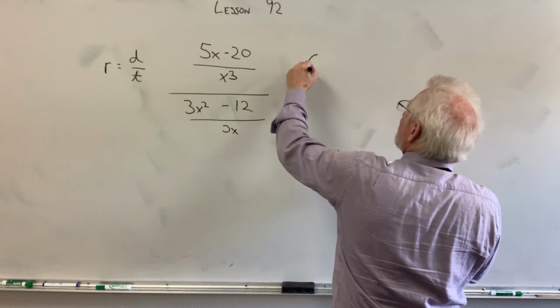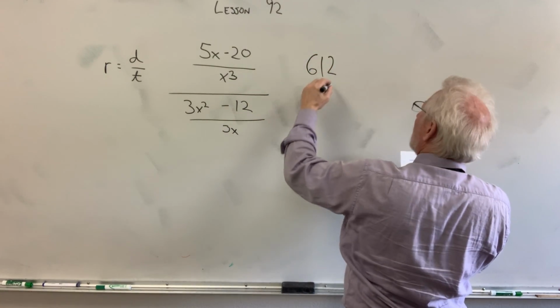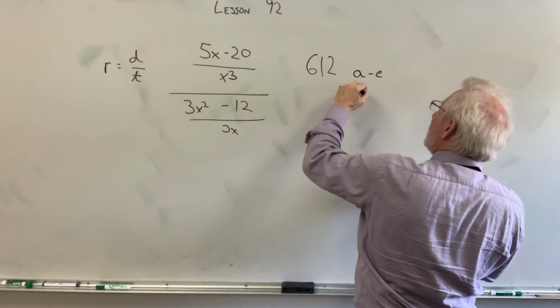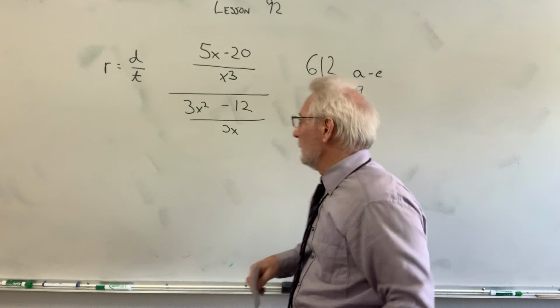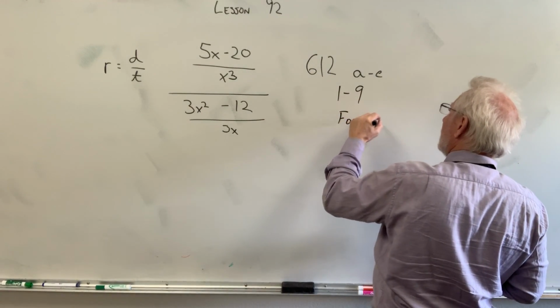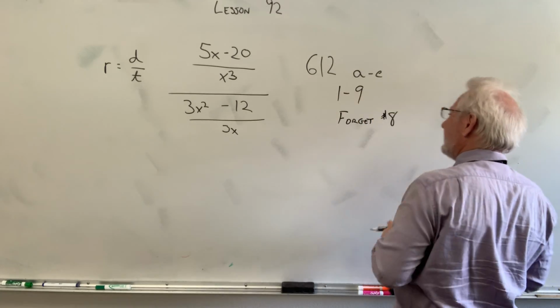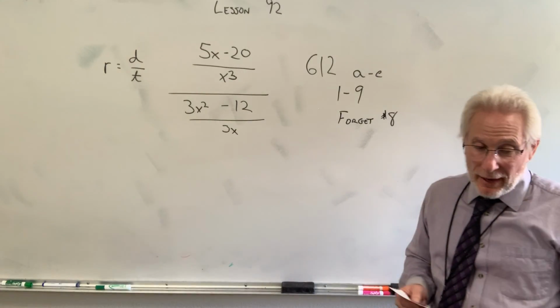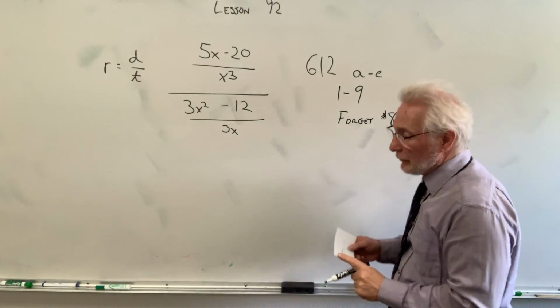All right. 612, we're doing A through E and 1 through 9. Now I'm going to tell you right now, don't worry about number 8. Forget number 8. This is kind of a neat, weird question, but 7 is not that tough. 7 actually should be real simple.